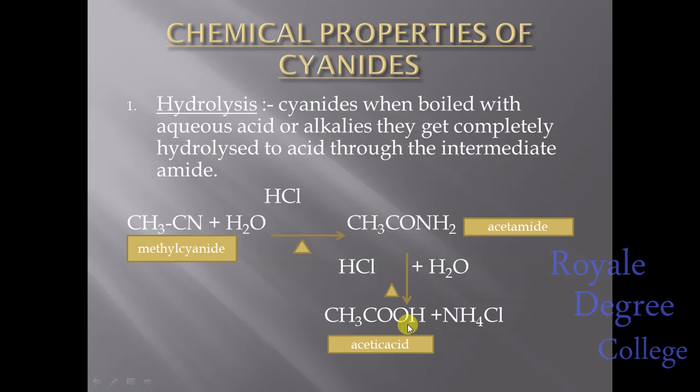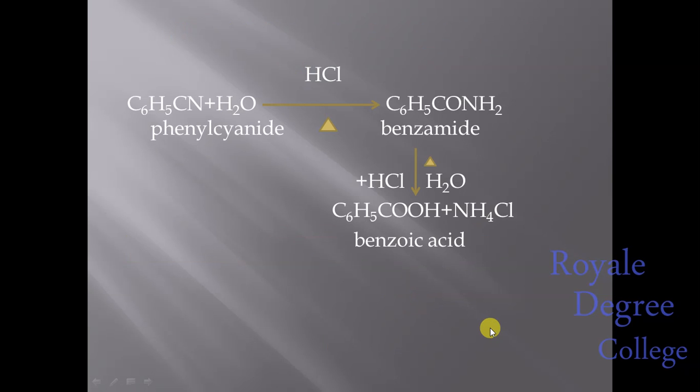So we are getting CH3COOH, acetic acid. And the side product is, see, NH2 is coming out from this side, reacting with one hydrogen here, then one more hydrogen from this side, NH4. Then this Cl, ammonium chloride. We are getting the side product.